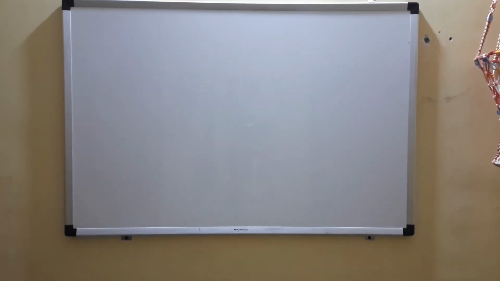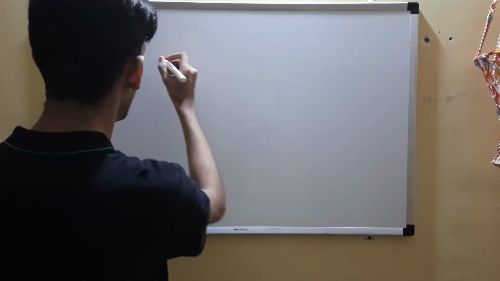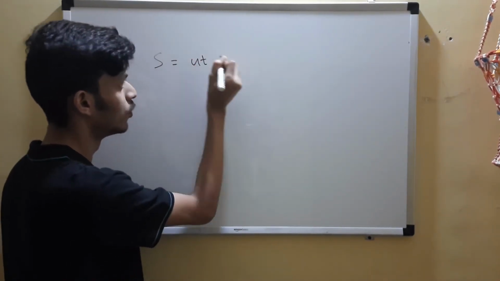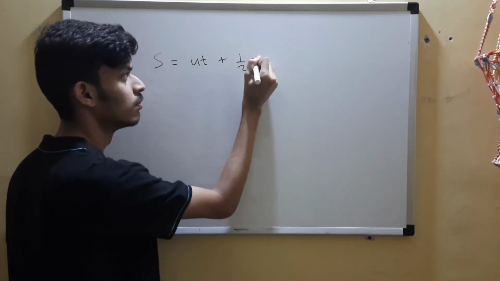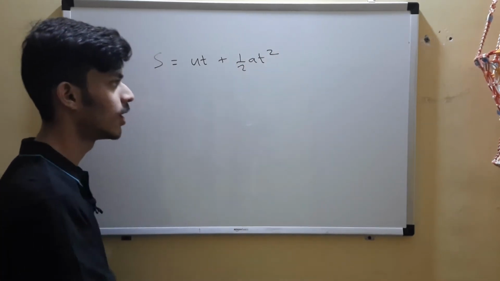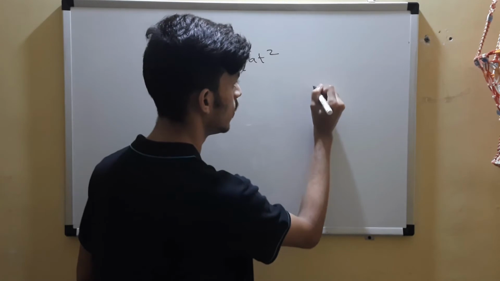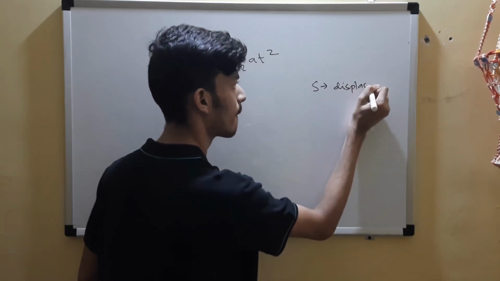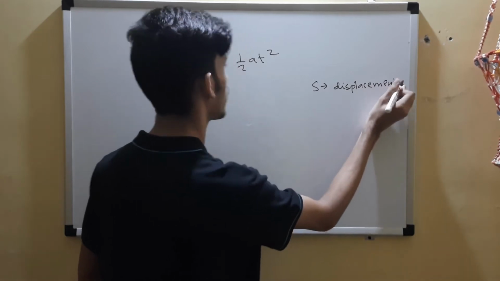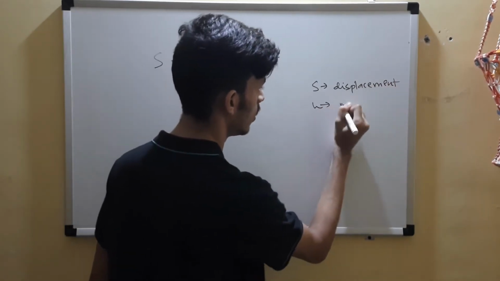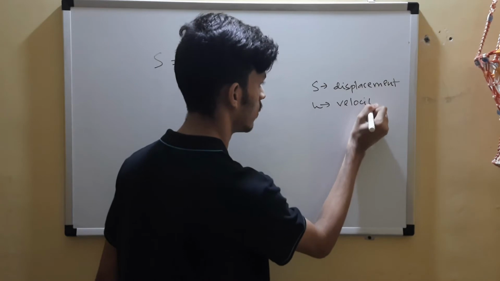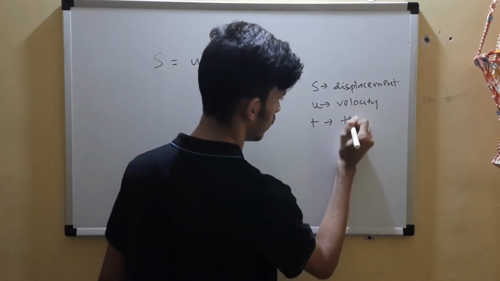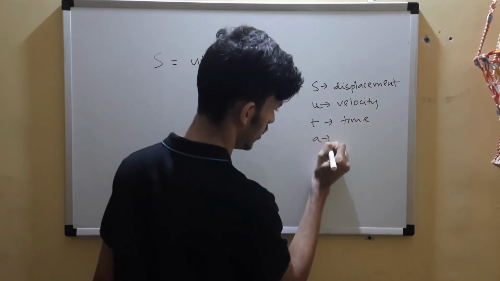Now let's try one more example, and we'll wind up with this application and move to the next application. s is equal to ut plus half at square, also a famous equation. So s is displacement, u is velocity, t is time, and a is acceleration.